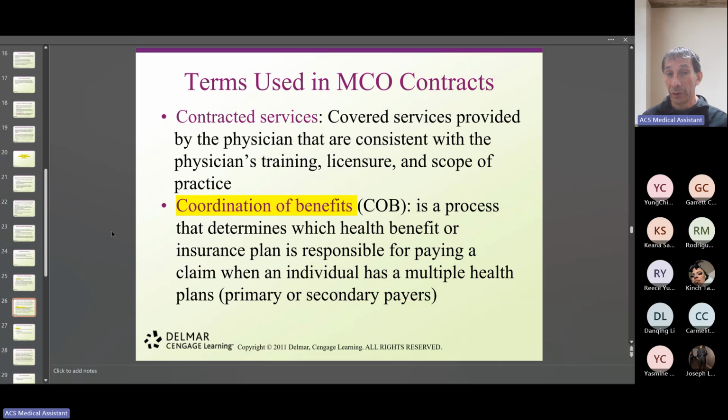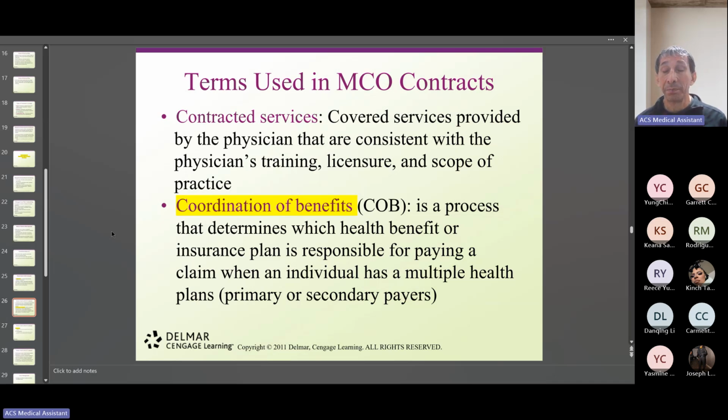If you have one insurance, that's the only one who's going to pay, and whatever balance you have, you pay from your pocket. But if you have secondary insurance, the primary one is going to pay the highest amount, and the secondary is going to cover the balance.